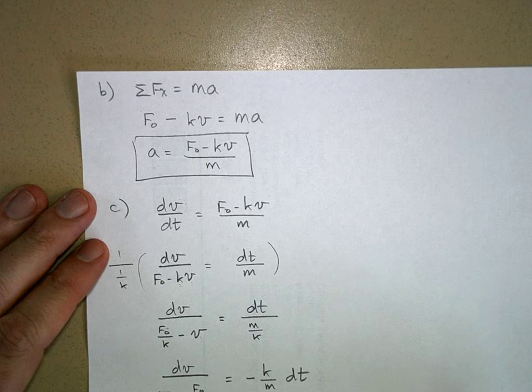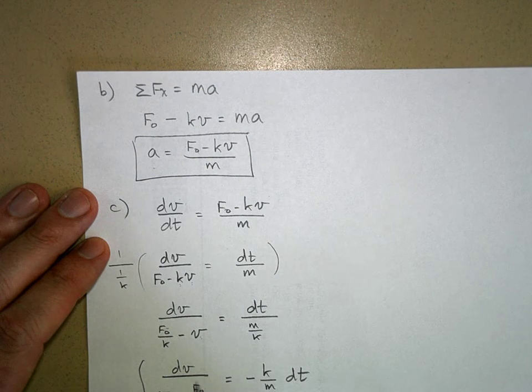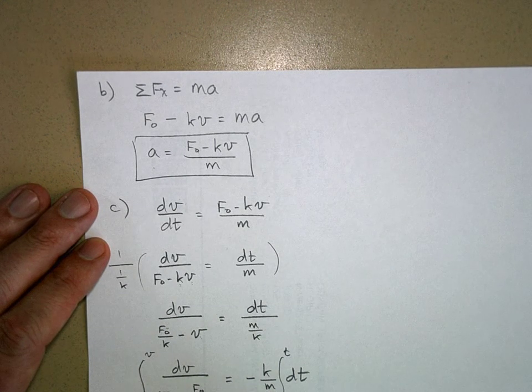Well, now I'm ready to integrate. I'm going to go from 0 to v, 0 to t, right? Because at time t equals 0, it's starting from rest. And at some arbitrary time t, we're going to call that velocity v.